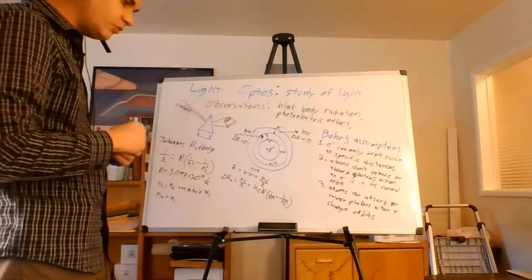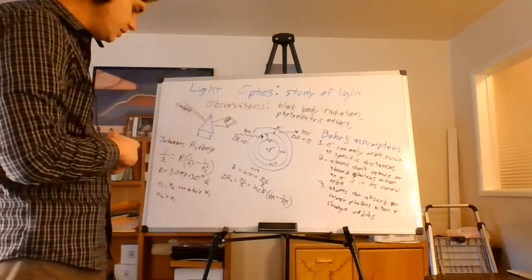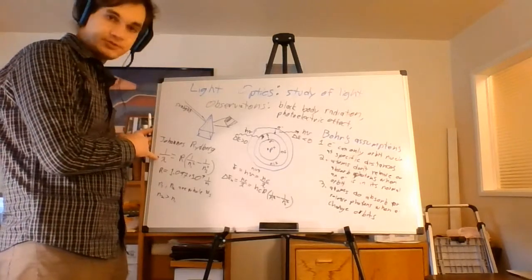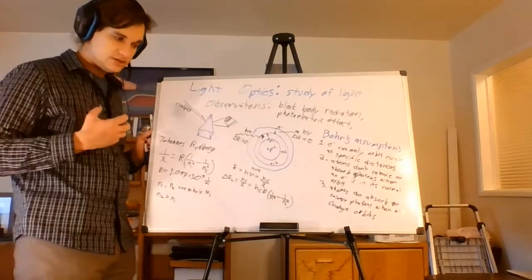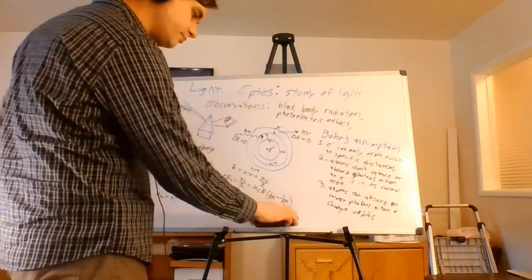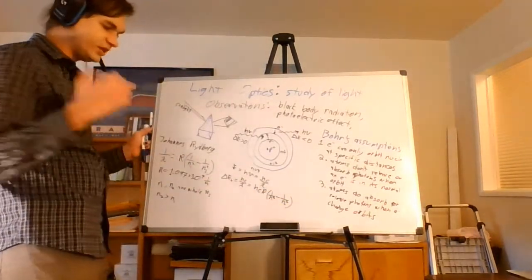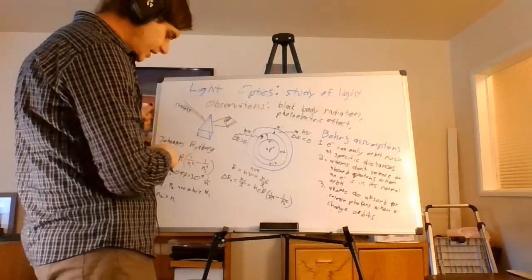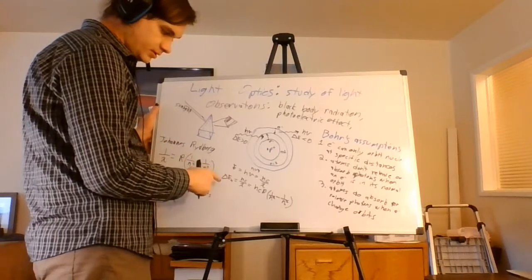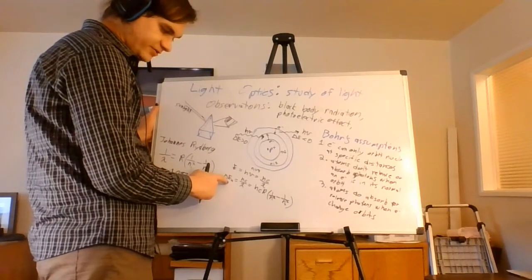Now we just have to make one more change, and that is that because this is supposed to be the wavelength of light that is released, this is actually going to be a negative number here.